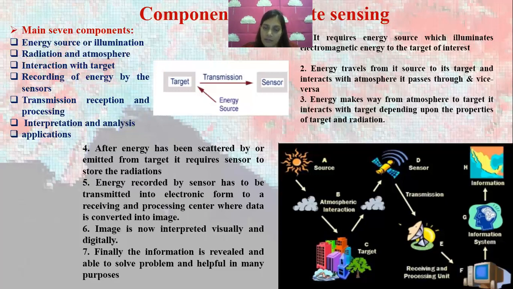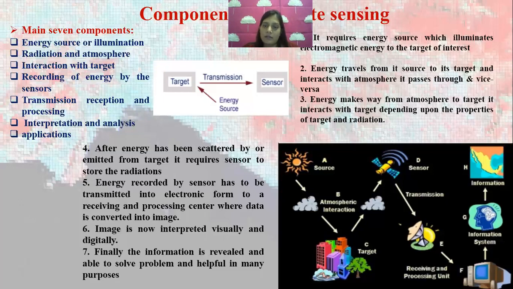First is visually, by our eyes itself, and second is digitally, by applying some filters and other technical techniques, so we can identify and interpret our image. Now the last is that finally the information is revealed, able to solve problems and helpful in many new purposes. Yes, information is gathered. Now whatever analysis we want to do we can do, and finally we can gather the data and provide the information to society.